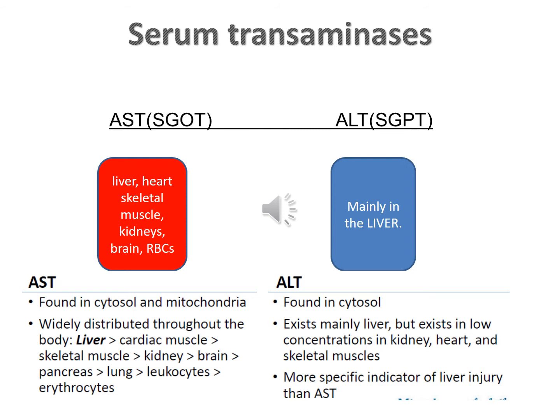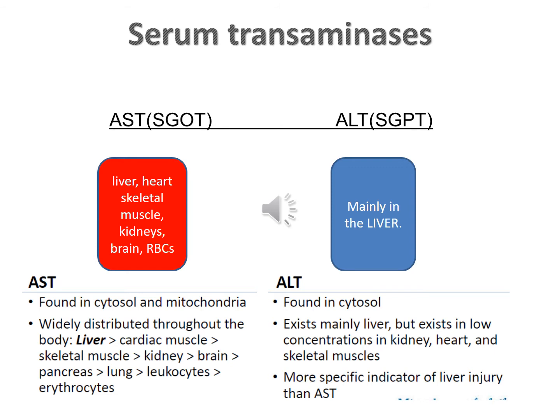Comparing the two well-known liver enzymes or transaminases, AST and ALT. AST is found in the cytosol and in the mitochondria. Both cellular cytoplasm, the cytosol, and mitochondria contain AST, widely distributed throughout the body, not only in the liver, but also in cardiac muscle, skeletal muscle, kidneys, brain, pancreas, lung, leukocytes, and erythrocytes.